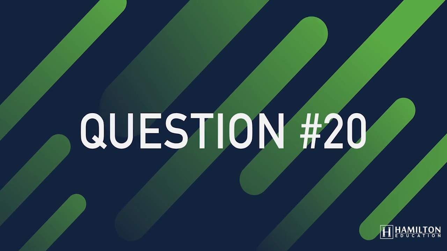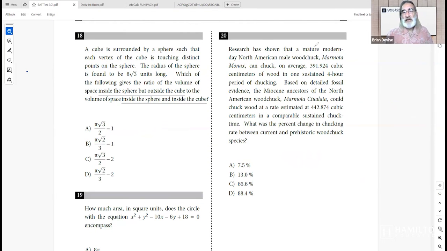Number 20. Research has shown that a mature modern-day North American male woodchuck, the Marmota monax, I'm calling him Monax, can chuck on average 391.924 cubic centimeters of wood in one sustained 4-hour period of chucking.